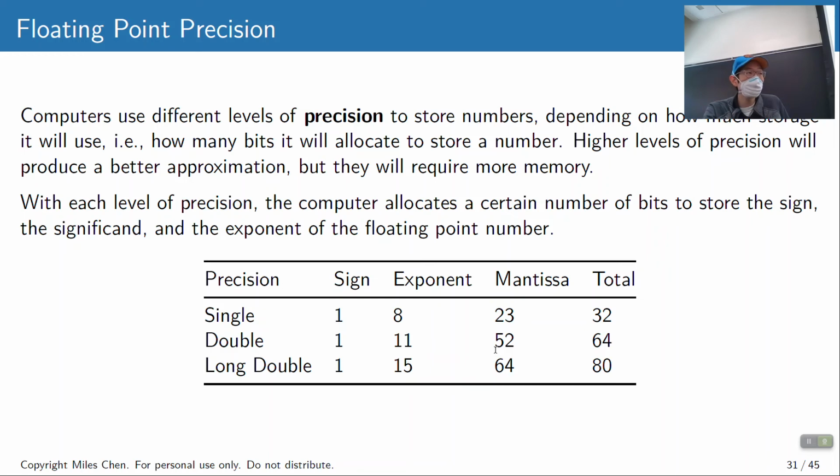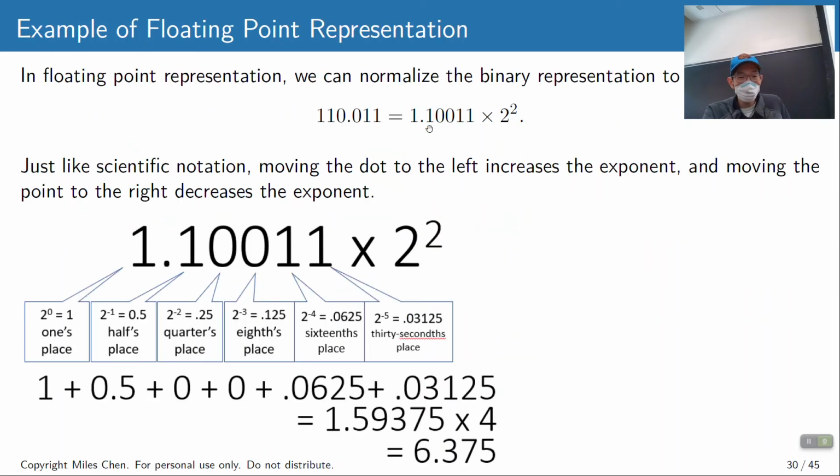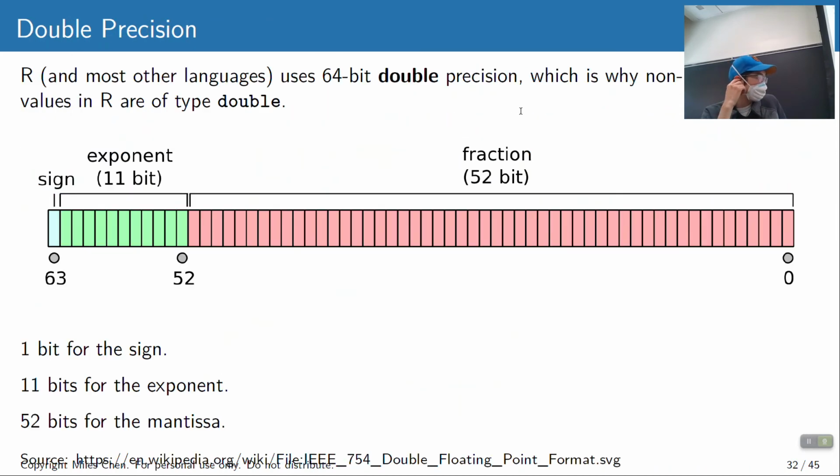The mantissa is the stuff after the binary point, and the exponent is 2 to the what power. Here's a representation of how these bits are stored, 0 through 63: 1 for the sign, 11 for the exponent, and 52 bits for the fraction, the mantissa or the significand part.